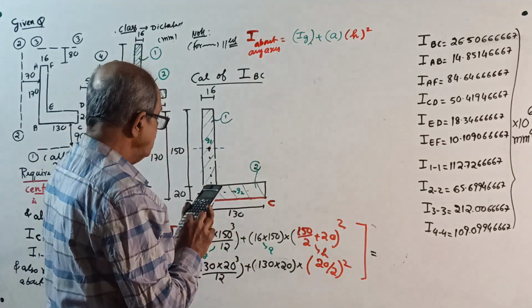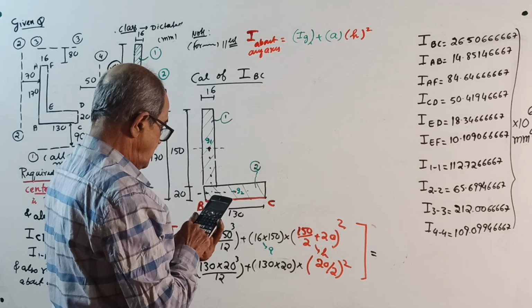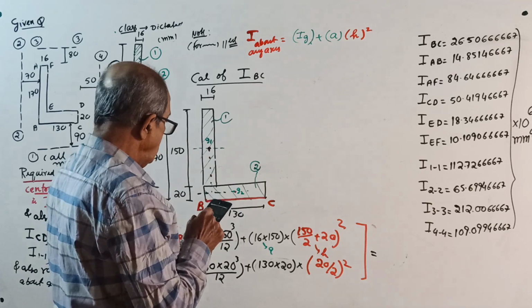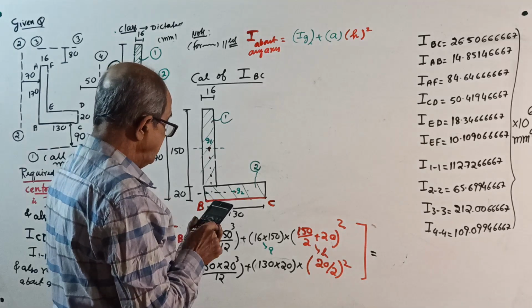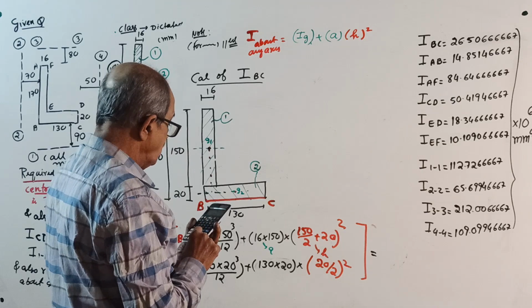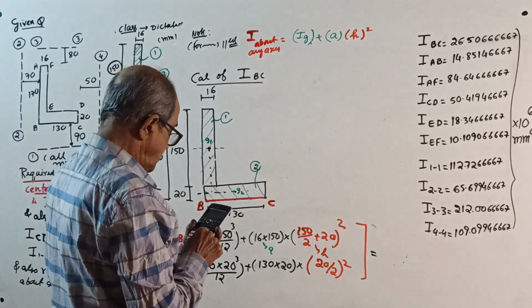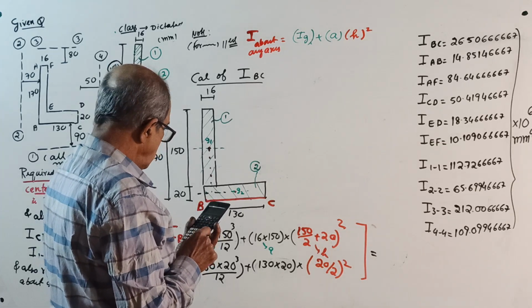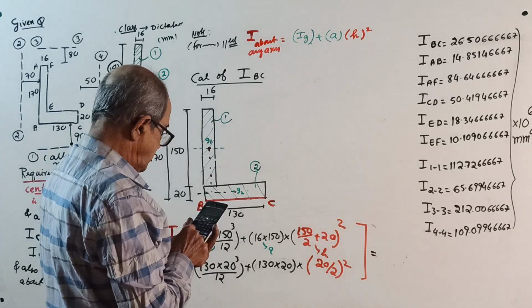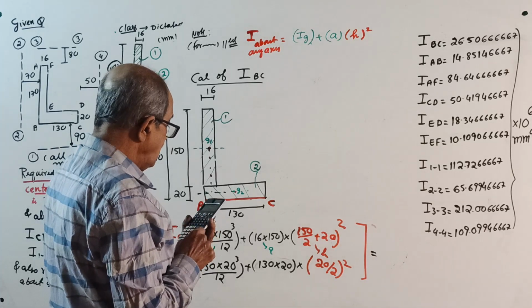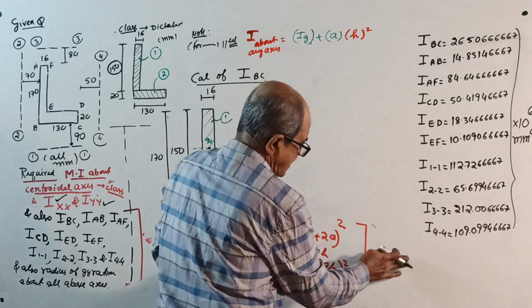Okay, now the last answer was 16 into 150 cube divided by 12 plus 16 into 150 into 95 square, plus the second one, 130 into 20 cube divided by 12 plus 130 into 20 into 10 square. 26.50, yes.